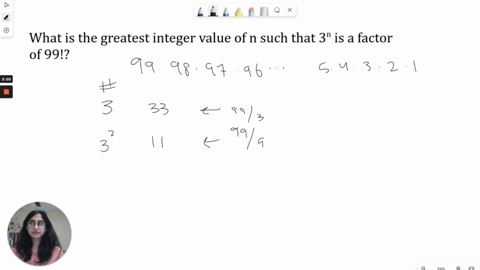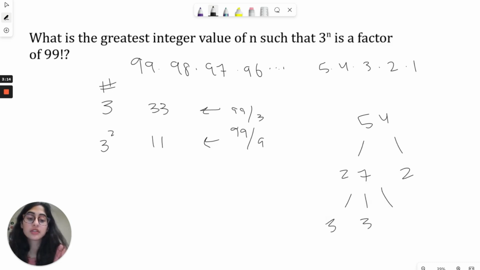What about 27, though? Let's say the number 54. This is equal to 27 times 2, and 27 is 3 times 3 times 3. We counted the first 3 when we were getting all our multiples of 3, and the second 3 when we were getting all of our multiples of 9. But we still have to count this third 3.